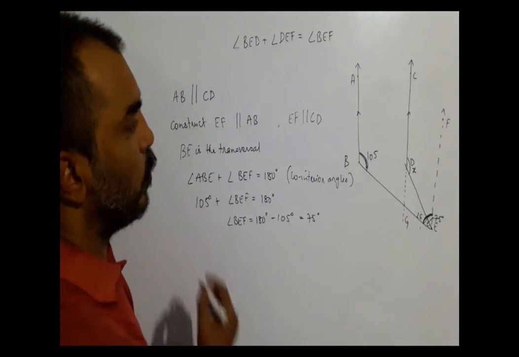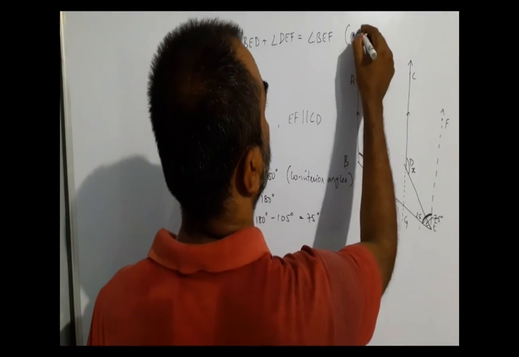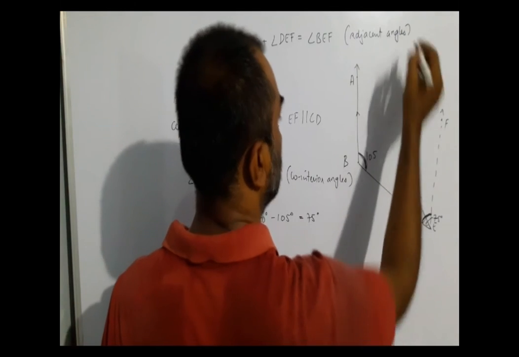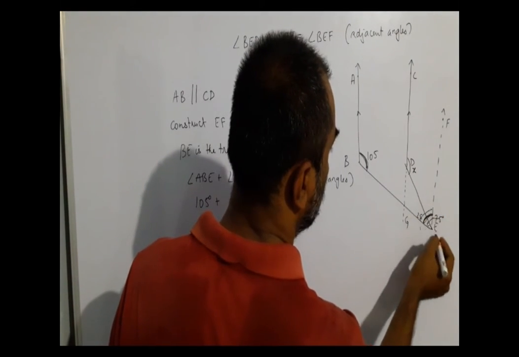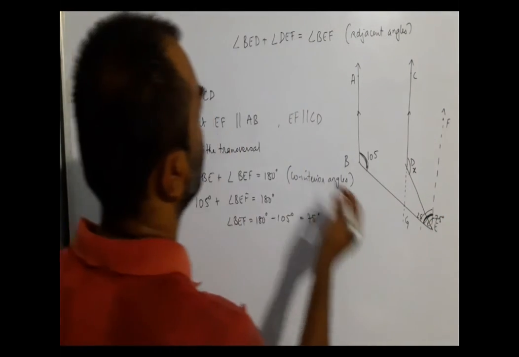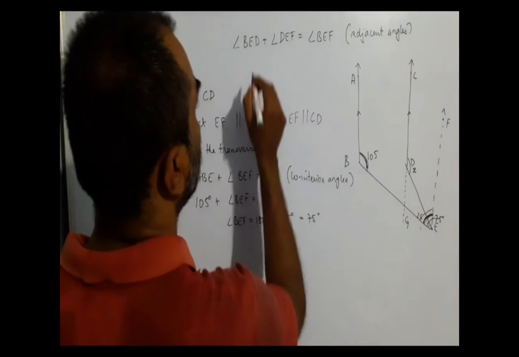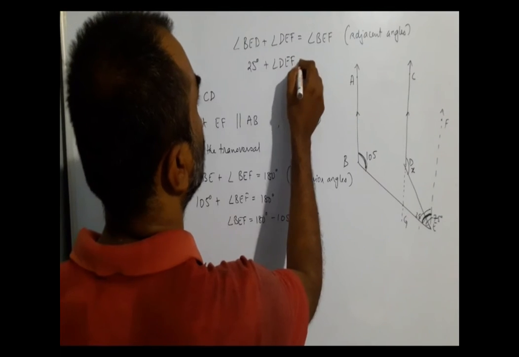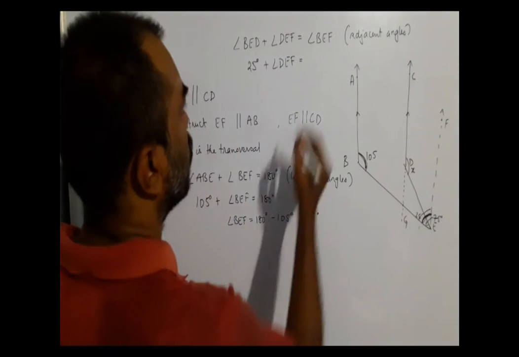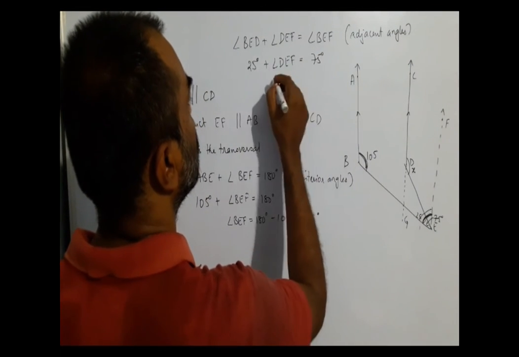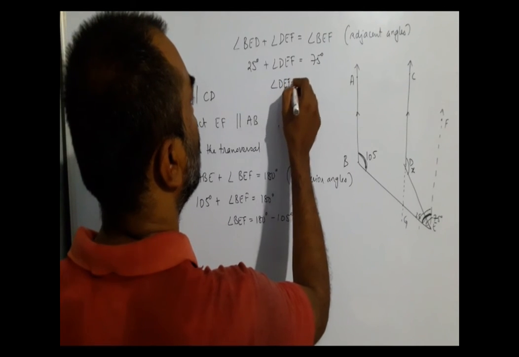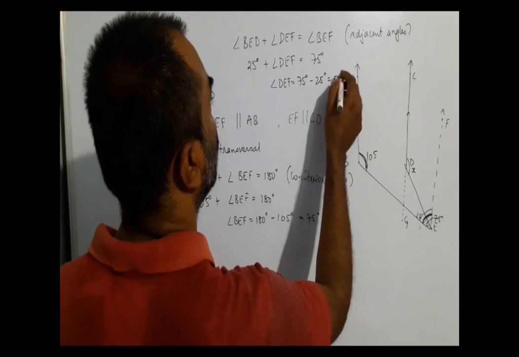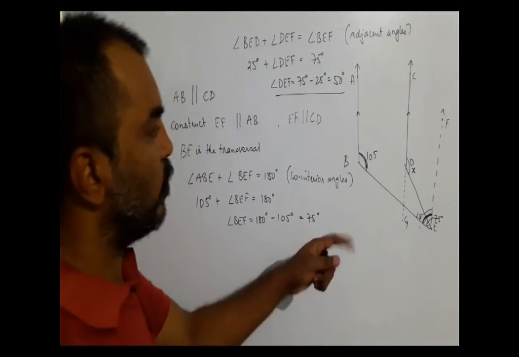Why does this happen? Because these are again adjacent angles. This angle and this angle are adjacent, with a common arm. So the sum of both. BED is given to me as 25. DEF I don't know. And BEF I found out was 75. So angle DEF equal to 75 minus 25 equal to 50. So DEF I have got 50.